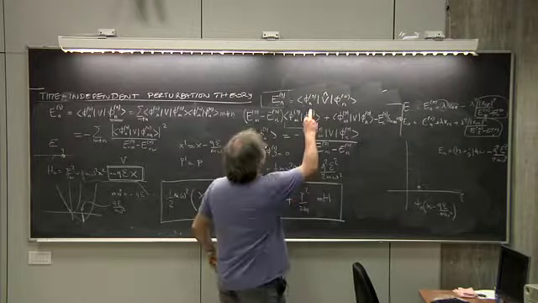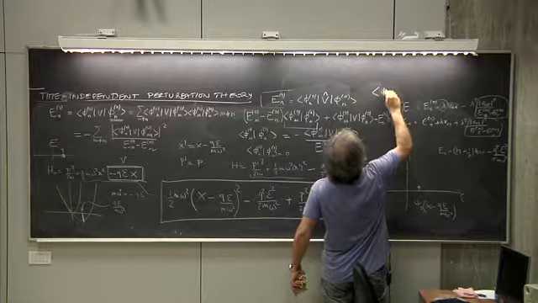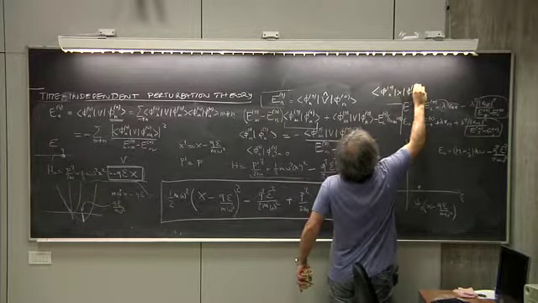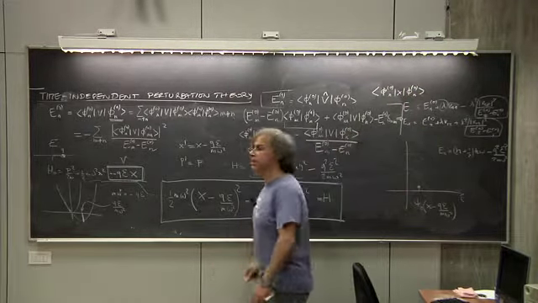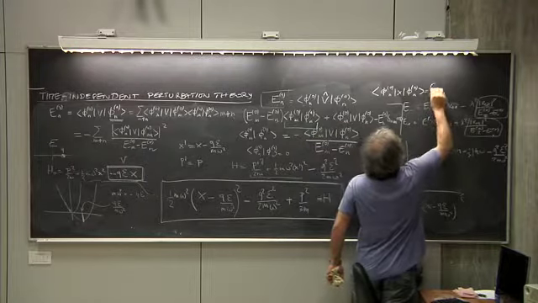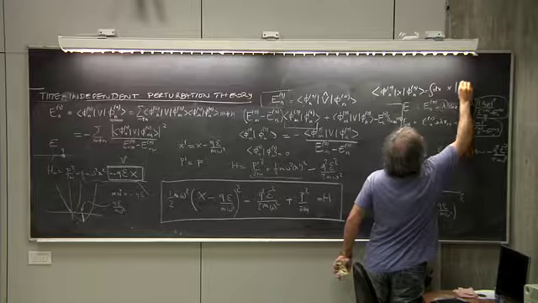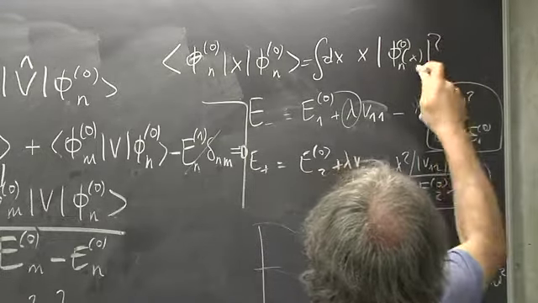If I try to calculate the expectation value of x between the same state, be it even or odd, it means what? It means an integral over x of x times the wave function squared.